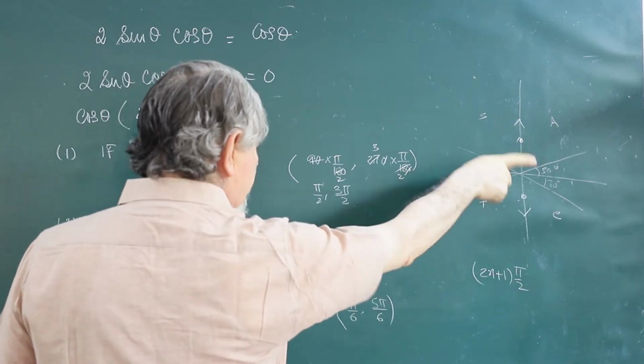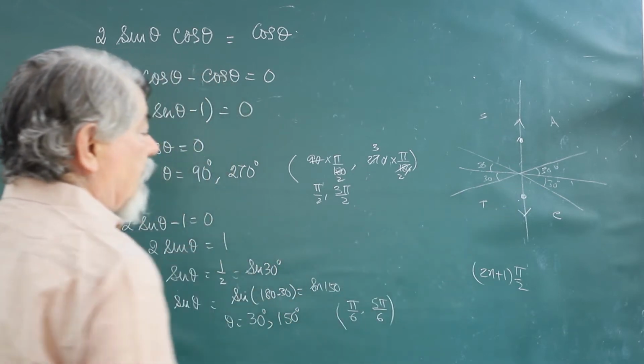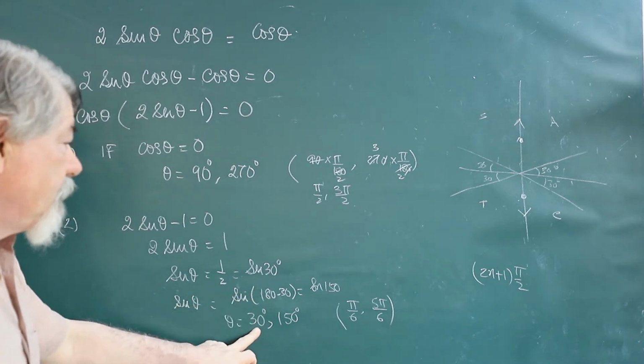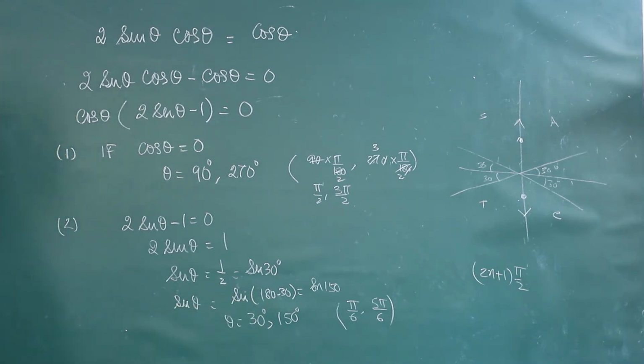Because this is pi minus pi upon 6, that will come out to be... sin 30 is how much? Pi by 6 only, yes.